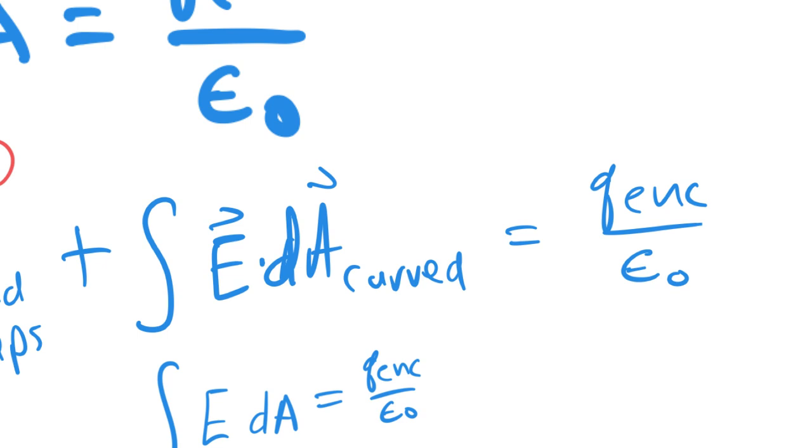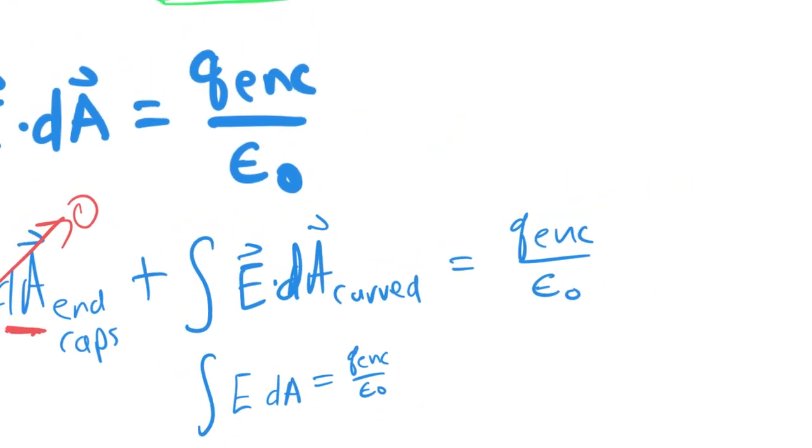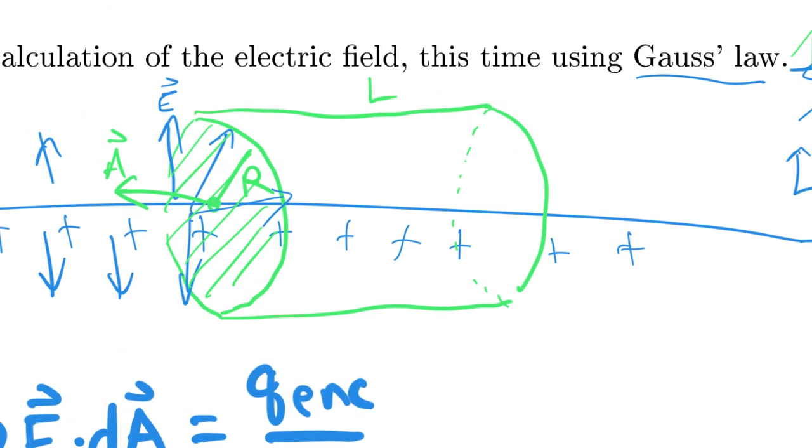And one, again, very cool thing here is that for our particular Gaussian surface, the electric field is going to be the same magnitude because we put our cylinder exactly around this. So there's no reason why the electric field up here would be different than right there, because you could imagine looking at the thing upside down and it would look identical, right?